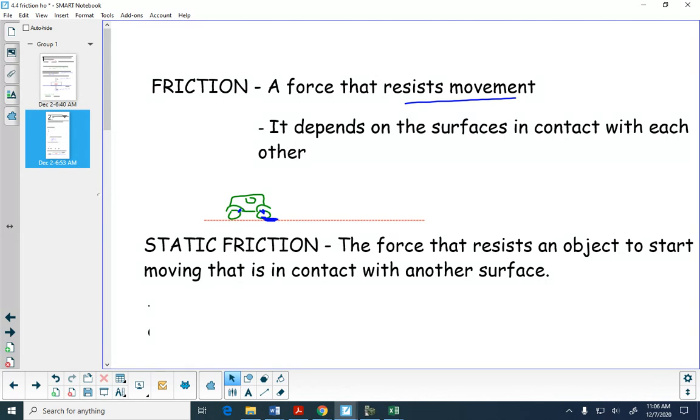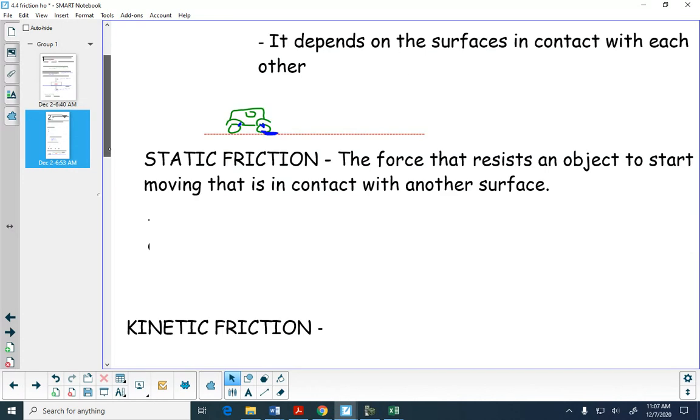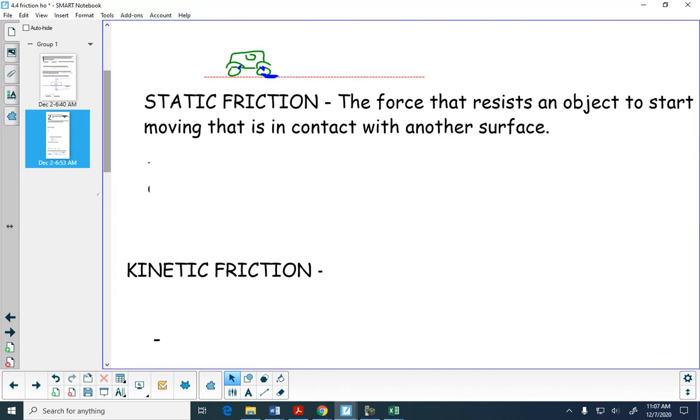You have an object that is stationary, and it's resisting the starting of any type of movement. This is called static friction. The resistance to the start of movement.